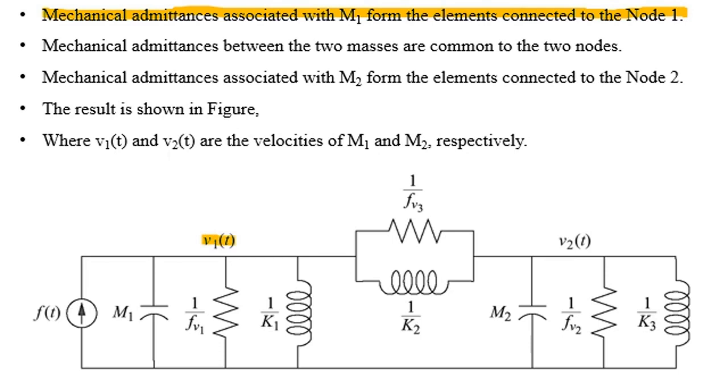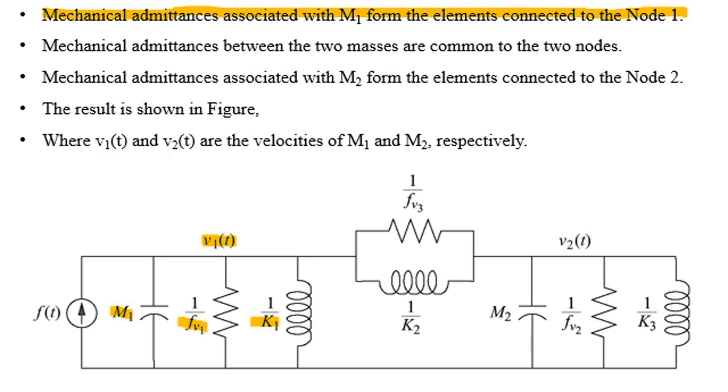Here we have the first node, which is V1 of t. The impedances associated with the first test point are a spring with coefficient k1 and surface friction with coefficient rho v1. So these three quantities, mass m1, spring k1 and surface friction rho v1, appear in parallel to the first node.